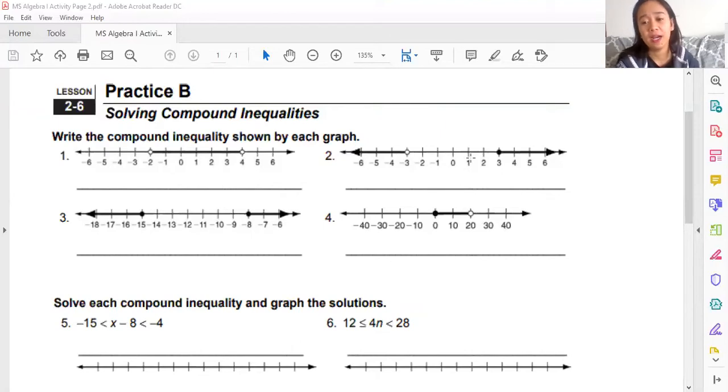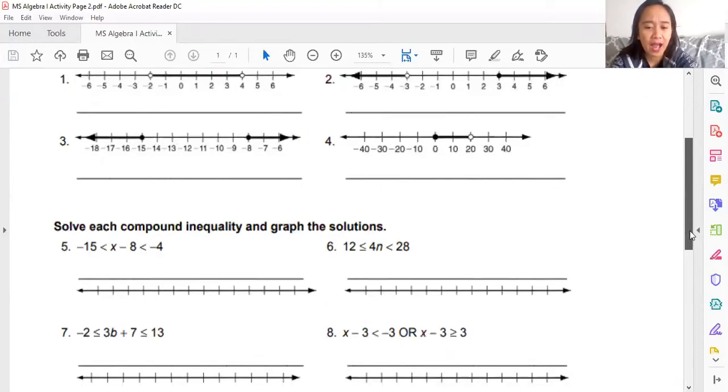Then you write "or," and then for the right side, x is greater than, it's shaded, so you should write x is greater than or equal to whatever that point is, okay? Number 3 is the same as the union because the arrows are facing opposite sides. Now, number 4, the shade is in between, so you must use the concept for intersection, okay?